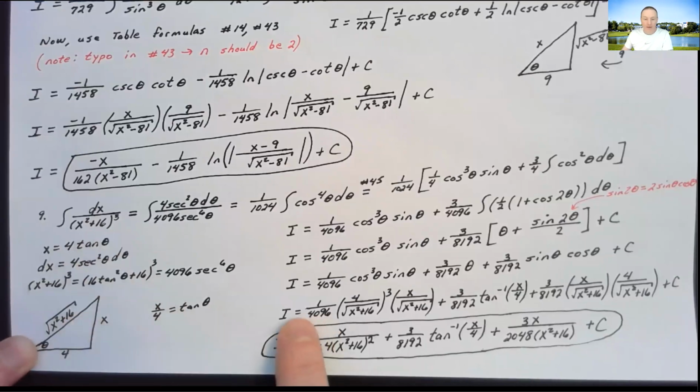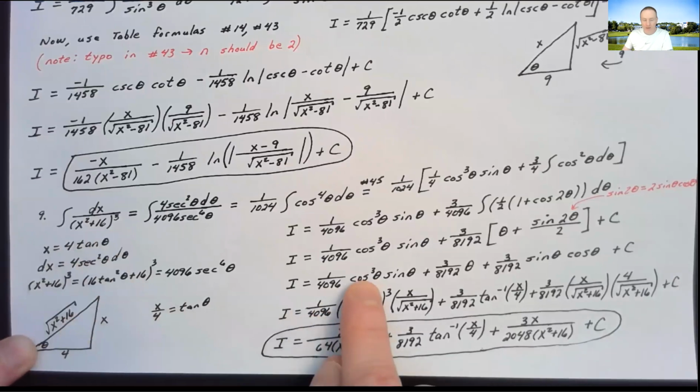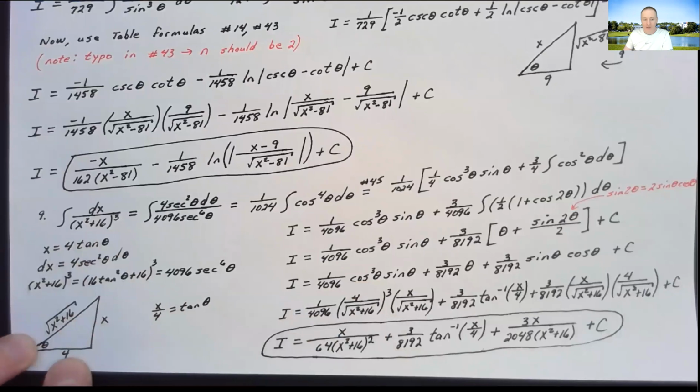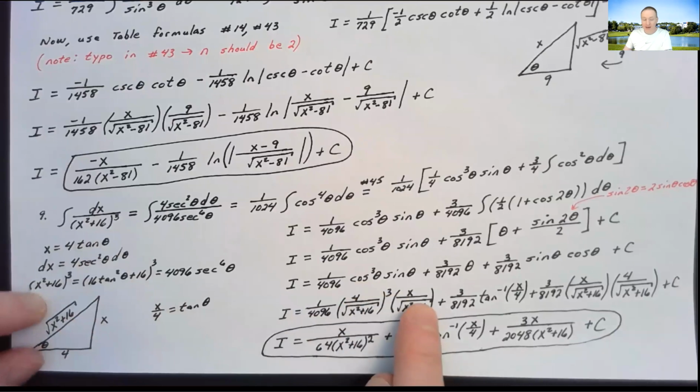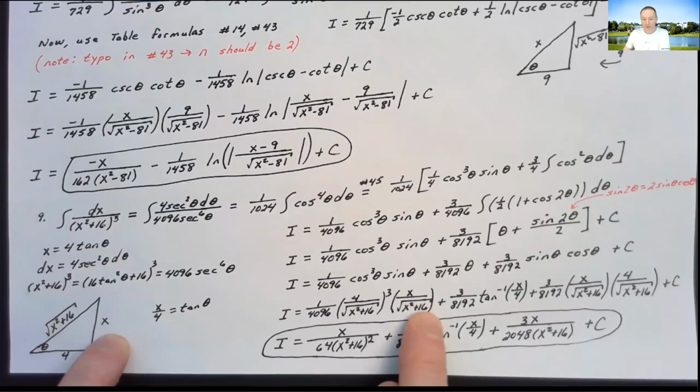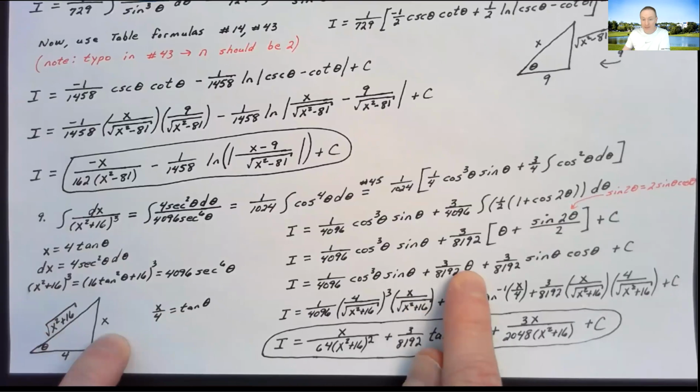So now my integral is 1 over 4,096 times the cosine cubed. Well, cosine is adjacent over hypotenuse. I take that fraction and I cube it. Times the sine. Well, that's opposite over hypotenuse, that's the x over that root. Plus 3 over 8192 times theta.